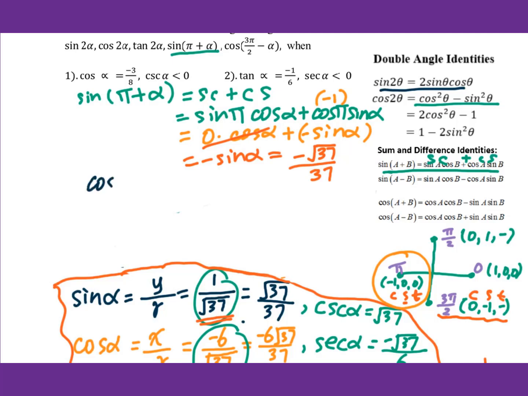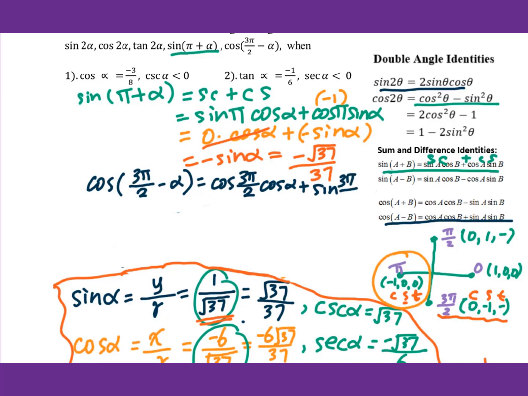For cosine of 3 pi over 2 minus alpha, you will do CC plus SS. So we got cosine 3 pi over 2 cosine alpha plus sine 3 pi over 2 times sine alpha.